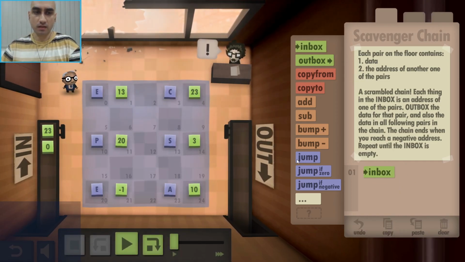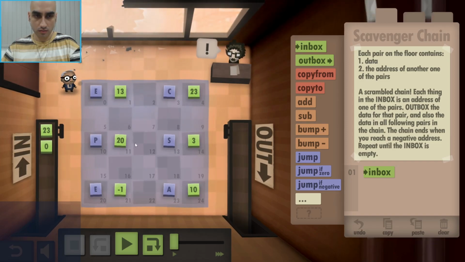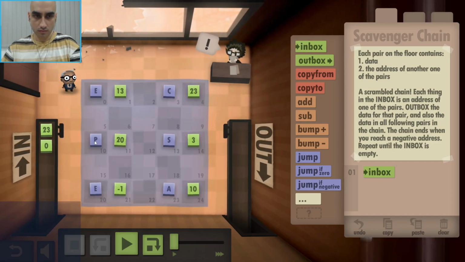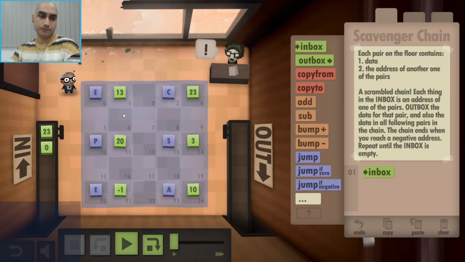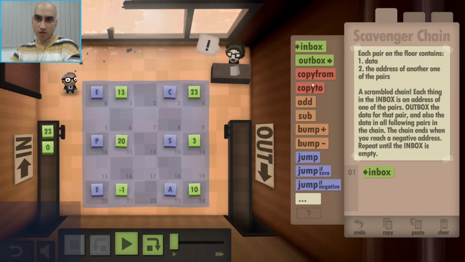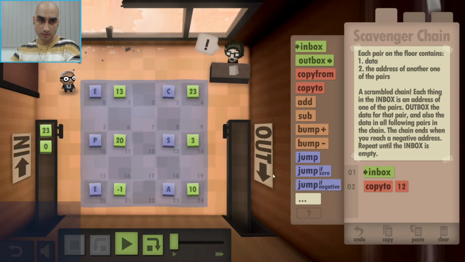Alright, so we pick up an address. We... Let's copy it to the center board, center square. Alright.